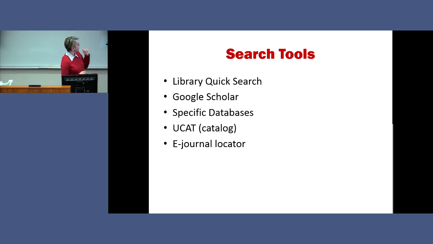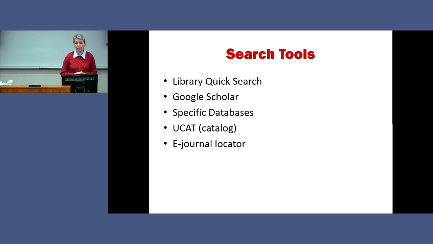The next one is Google Scholar, and some of you might have already heard about it or used it. Google Scholar is a subset of Google that covers academic literature, so it has a lot of information that is relevant to students and business researchers.